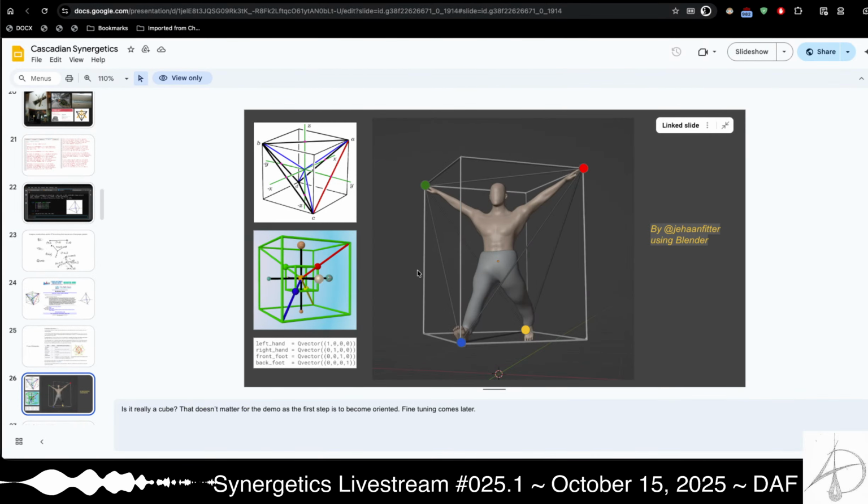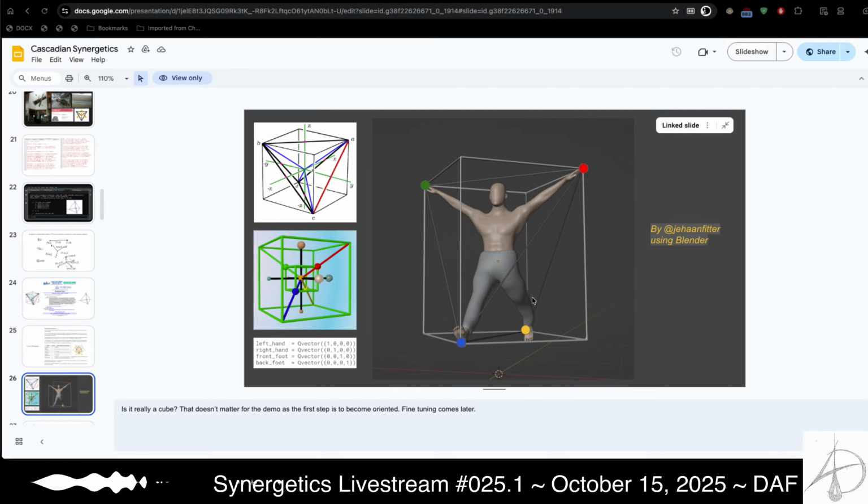Here we have an animation that I commissioned. It was a 3-dimensional visualization of a person in this posture where they are stepping forward into a lunge and they're holding their arms out to either angle. And this is demonstrating that our body is like a mnemonic for understanding the vertices of the tet.